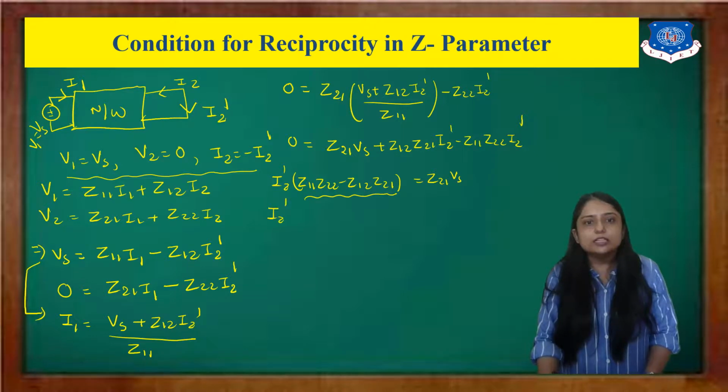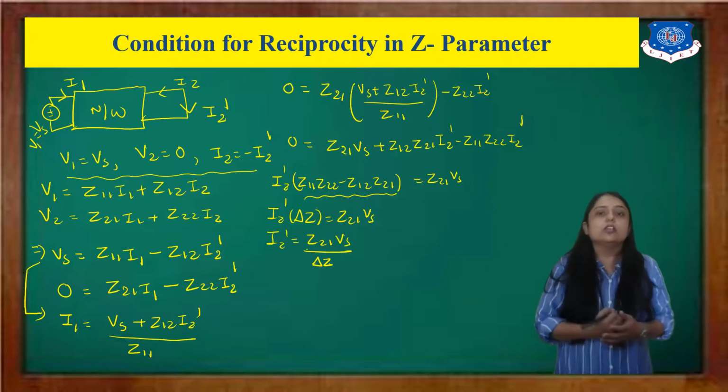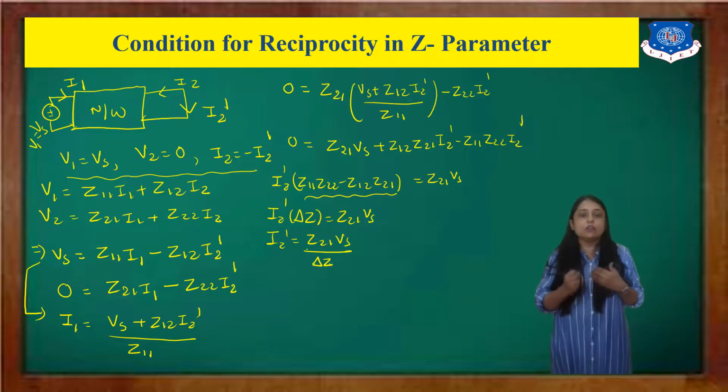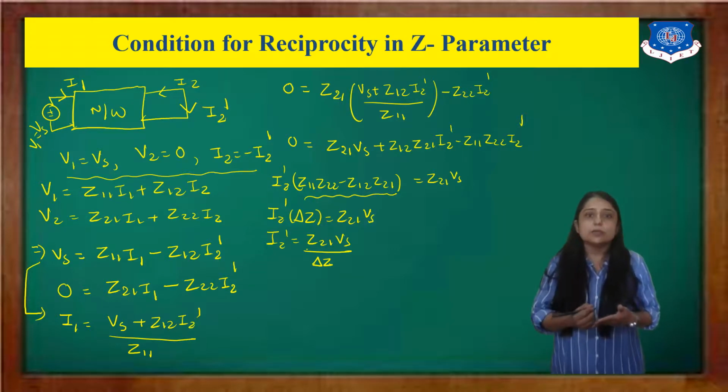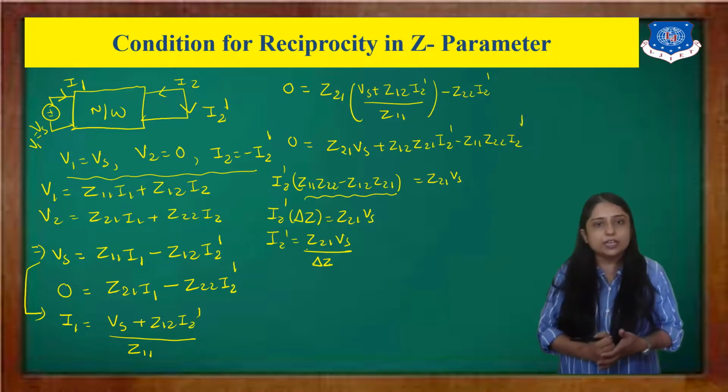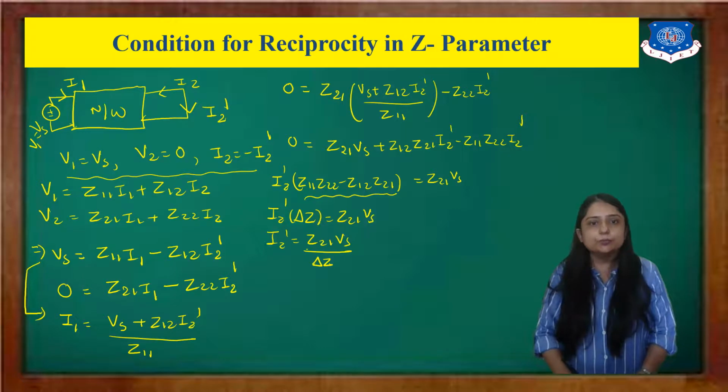So I2 dash into delta Z equal to Z21 into Vs. So the value of I2 dash will become Z21 into Vs upon delta Z. As I said earlier, I want the value of I2 dash in terms of Z and Vs, so I get this value.